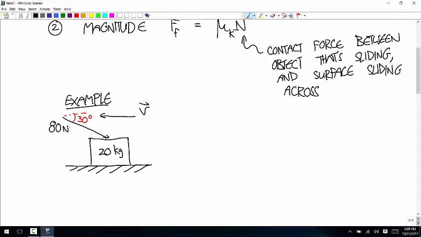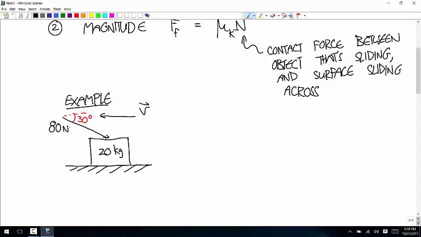Okay, so first let's try to make sense out of what's going on here. There's a lot of stuff in this picture. There's a gravity force, there's a contact force, and then there's another force pushing it that way. So those will be all the forces. The thing is sliding this direction, which is opposite the horizontal part of that 80 Newton force.